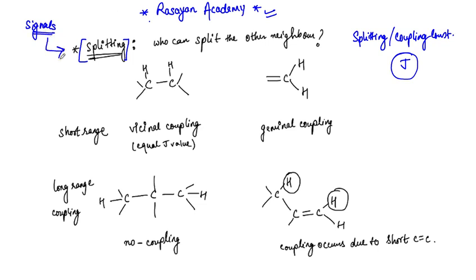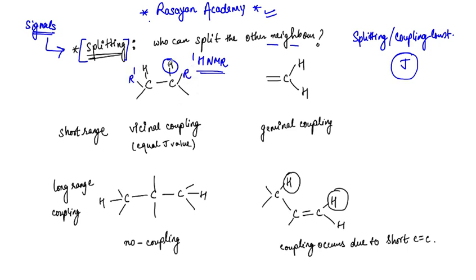Okay, so let's begin. So the first thing that we want to study is that who can split the other neighbor. So if we are talking about the proton NMR spectrum, we are going to get a peak for this hydrogen over here, and let's say we are having one R atom over here and R dash.